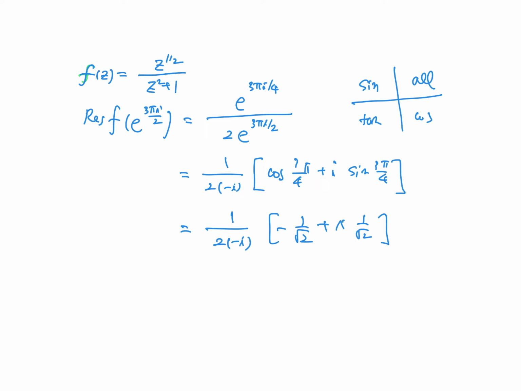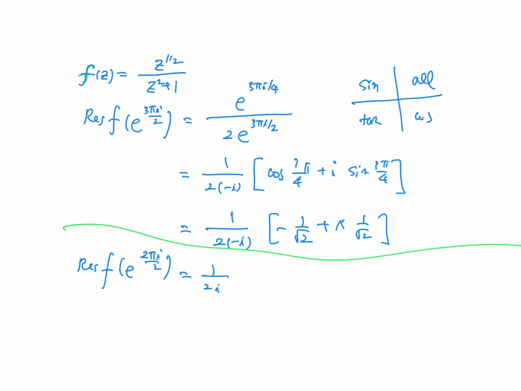And if I remember correctly, the residue of f at exponential i pi over 2 was 1 over 2i times 1 over square root of 2 plus i over square root of 2, right? Let me just double check. Should have a good short-term memory, which is good. So if we add them together, what happens?